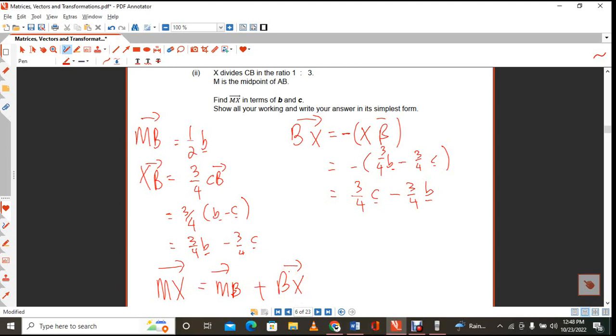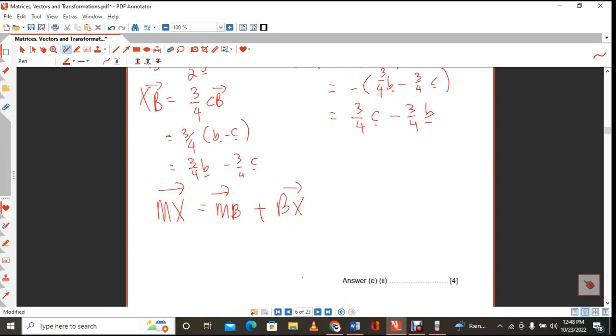So let's just now write in the stuff that we have. We know that MB from our previous answer is a half of B. We know that BX is the one that I have up here. That's 3/4C minus 3/4B. So when you do the B's, this is going to remain 3/4C.